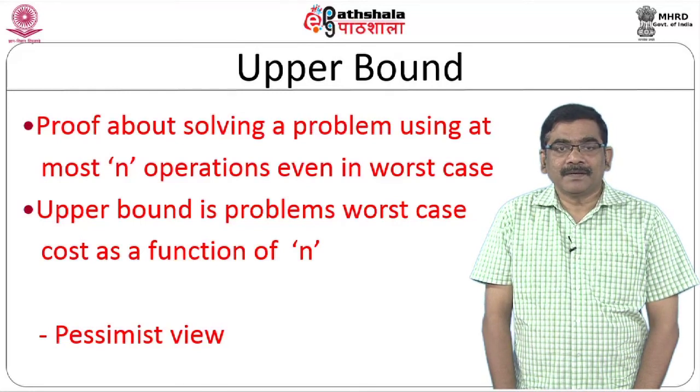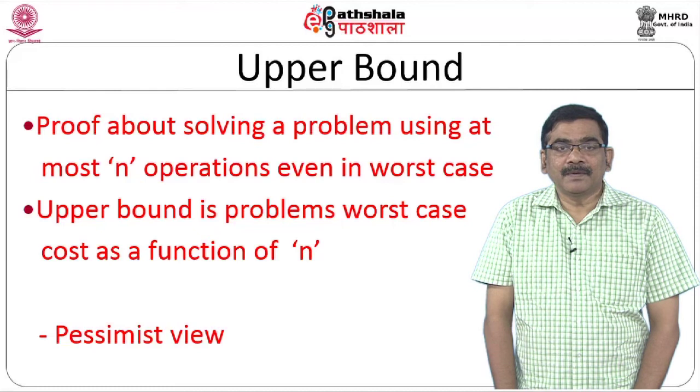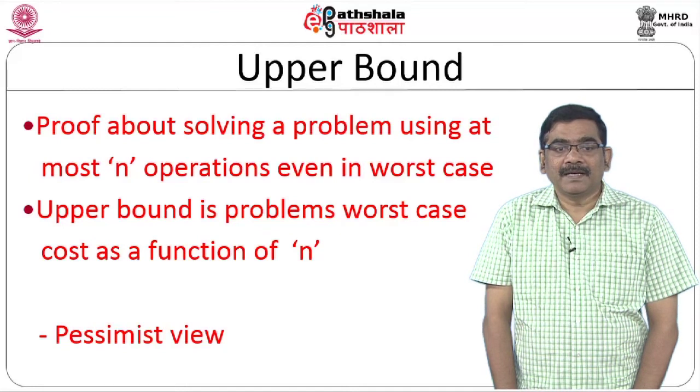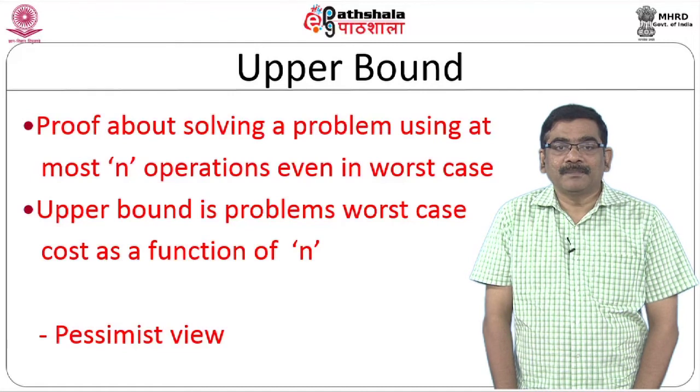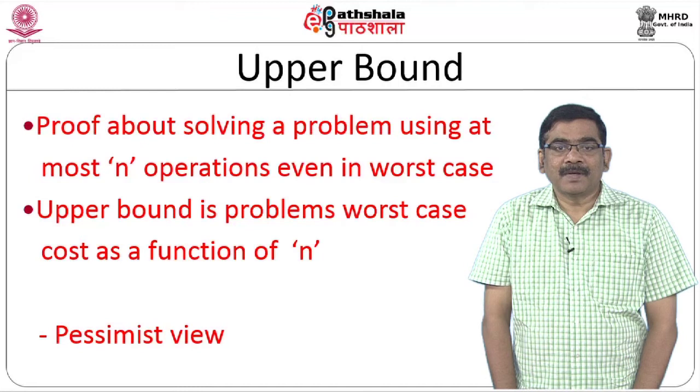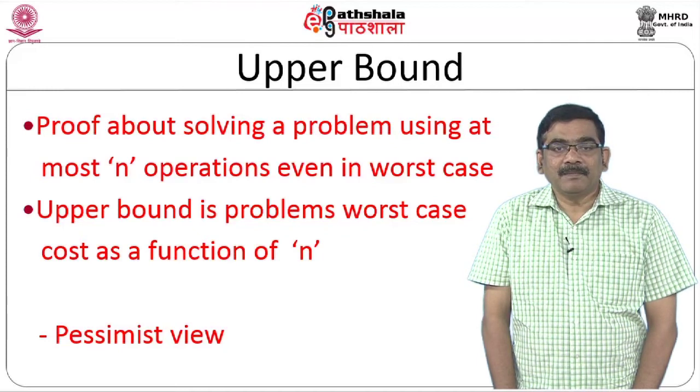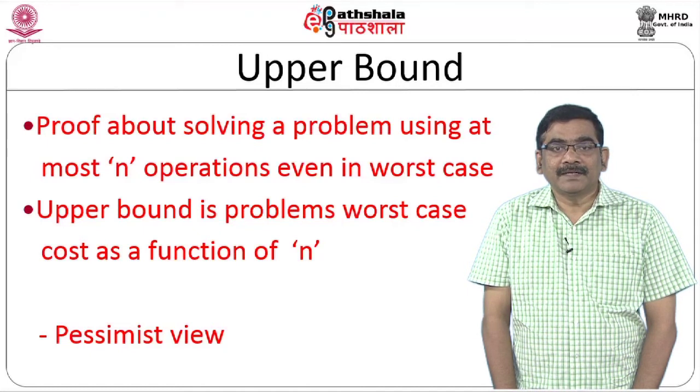In other words, the upper bound is going to be expressed as a function of n, where n is the input size of the given problem. In other words, upper bound represents the pessimistic view, where we try to find the maximum number of operations that are required to find the solution.